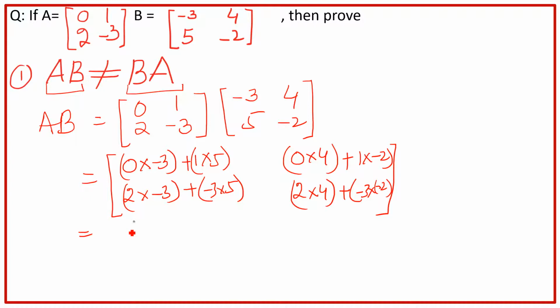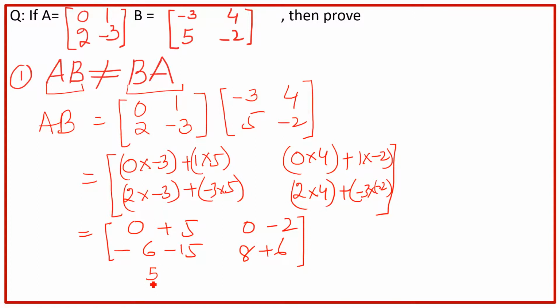Okay, so it will be 0 plus 5, and -6 minus 15, it is -21, and this will be 0 and -2, and this is 8 and it will be plus 6. When we simplify it, for AB we will get here 5, this is -2, this is -21 and this is 14. This is AB.